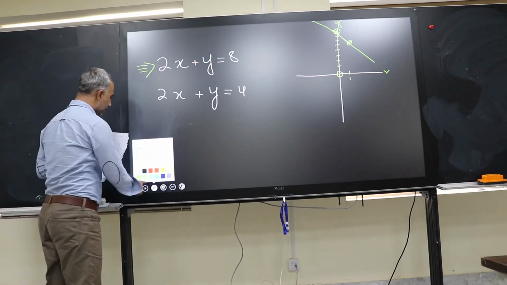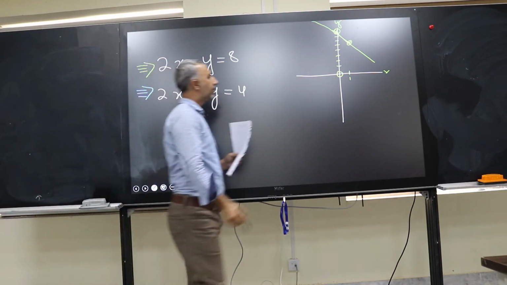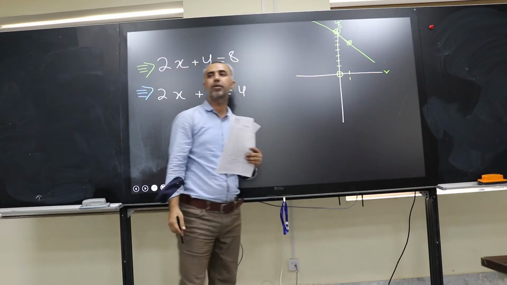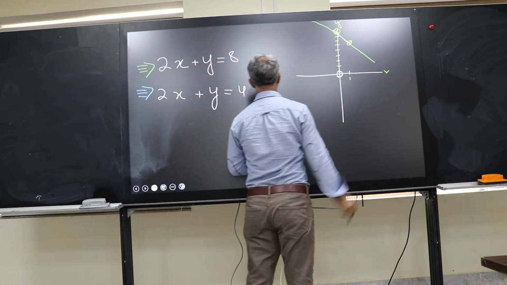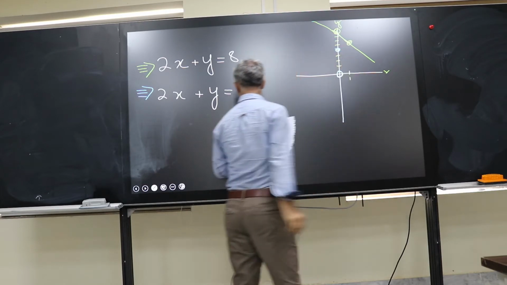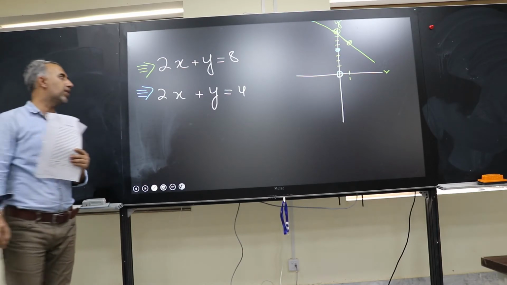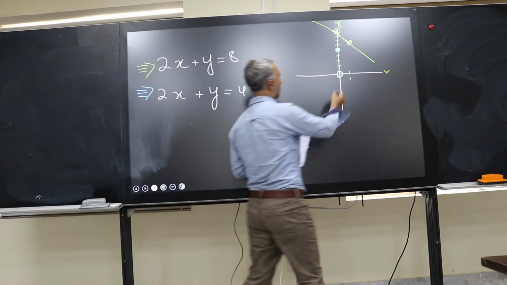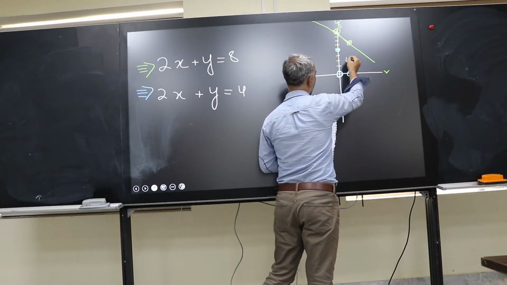For the second system of linear equations, by assuming x equal to 0, y is equal to 4. By considering x equal to 1, the value of y is 2.